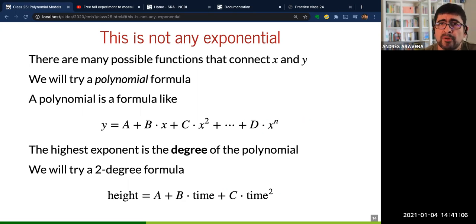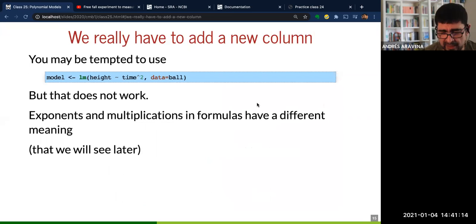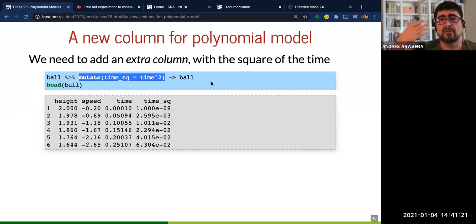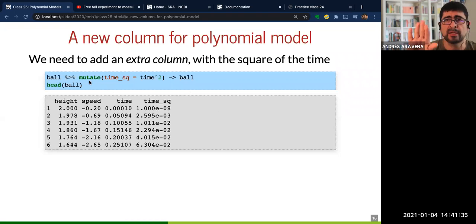The polynomial model doesn't need a logarithm, as you see here. But what you need to do is add a new column. This is the price that you pay. If you have more degrees, you have to add more columns. If you have a third degree, you need to add time cube. If you need a 4th degree, you add more columns and have more degrees. And you can make a line that is smoother.